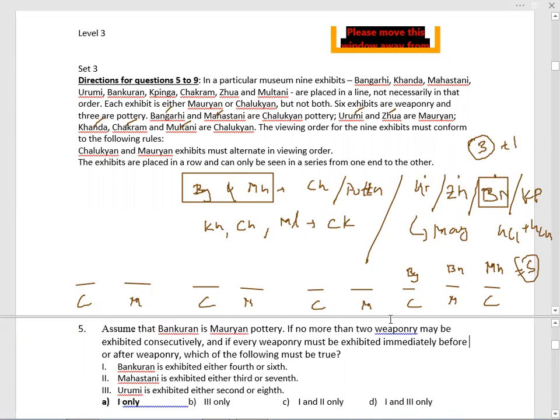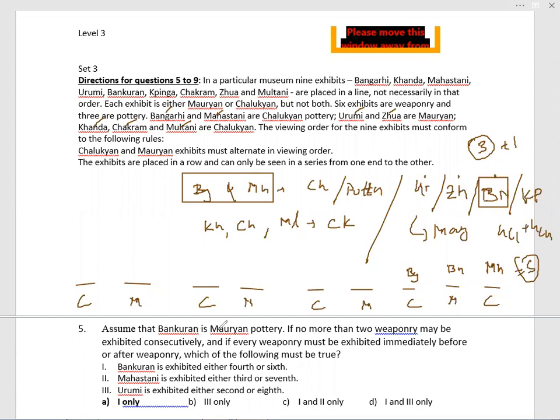Assume that Bankuran is Mauryan pottery, previous assumption, no more than 2 weaponry may be exhibited consecutively. Then every weaponry must be exhibited immediately before or after weaponry. Which of the following must be true? Bankuran is exhibited either 4th or 6th. Possible? Bankuran, Mauryan pottery, no more than 2 weaponry may be exhibited consecutively.